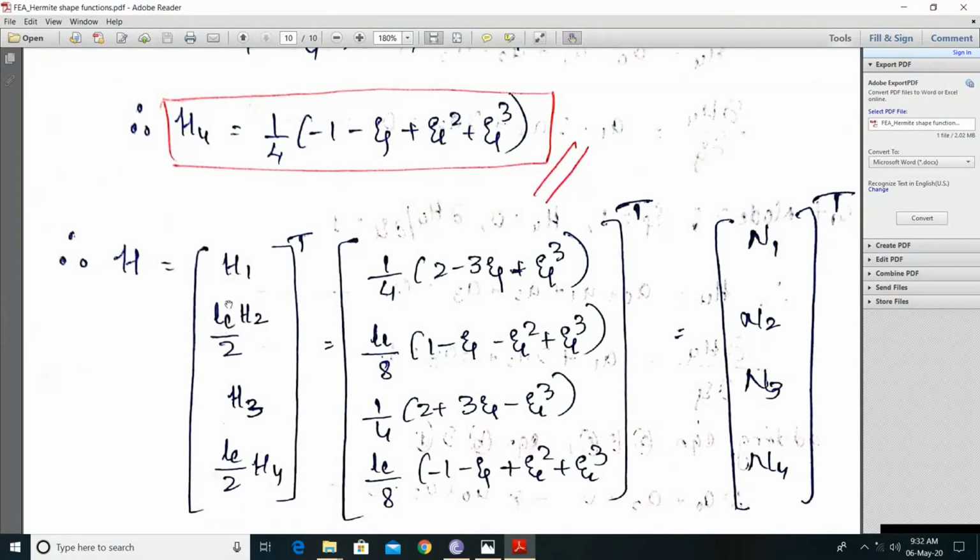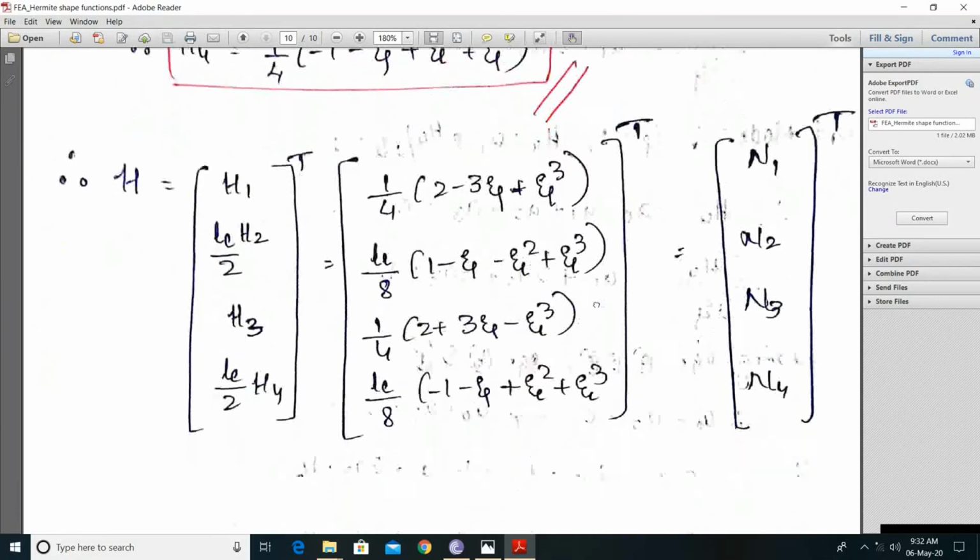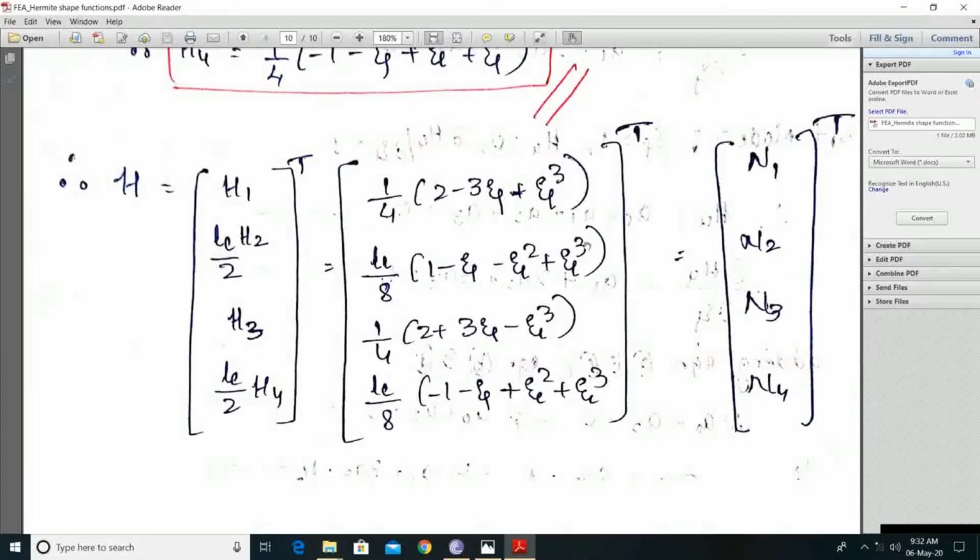Le by 2 H2 will be equal to N2 when you are converting from global coordinates to natural coordinates. H3 is equal to N3 and Le by 2 H4 is equal to N4. These are the shape functions for the beam element in terms of natural coordinate, which we call Hermite shape functions. Thank you.